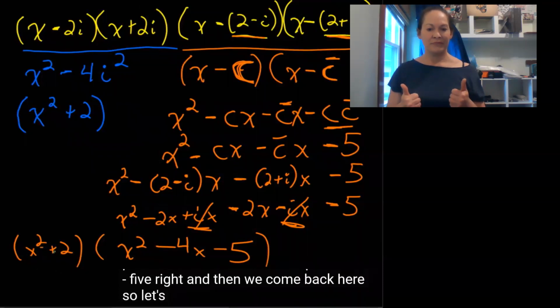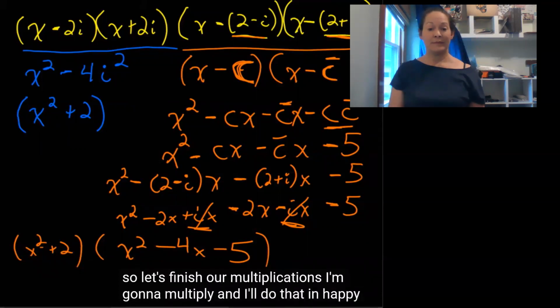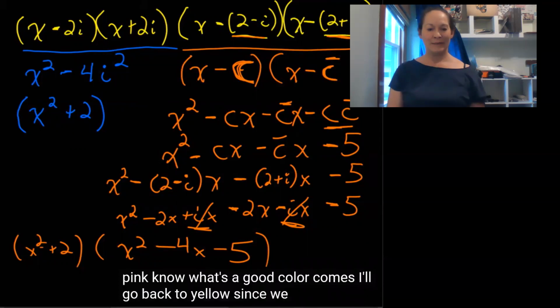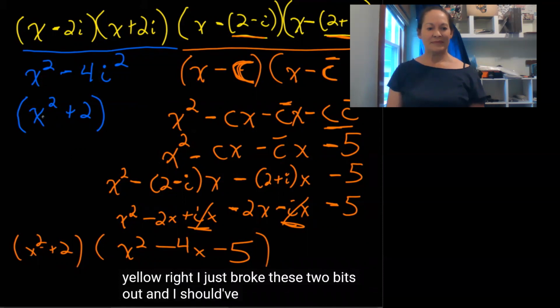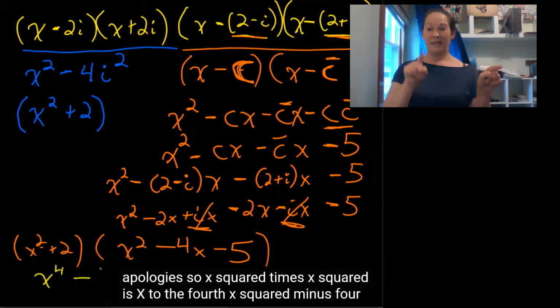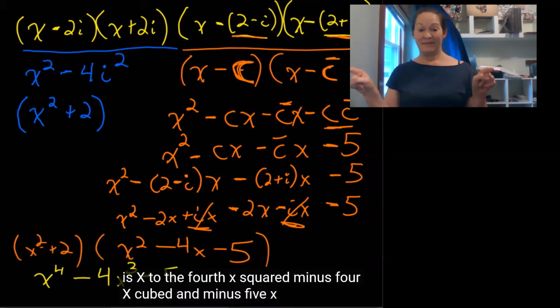And then we come back here. So let's finish our multiplications. I'm going to multiply, and I'll do that in happy pink. No. What's a good color? I'll go back to yellow since we started in yellow. I just broke these two bits out, and I should have kept that in blue. My apologies. So x squared times x squared is x to the 4th, minus 4x cubed, and minus 5x squared.